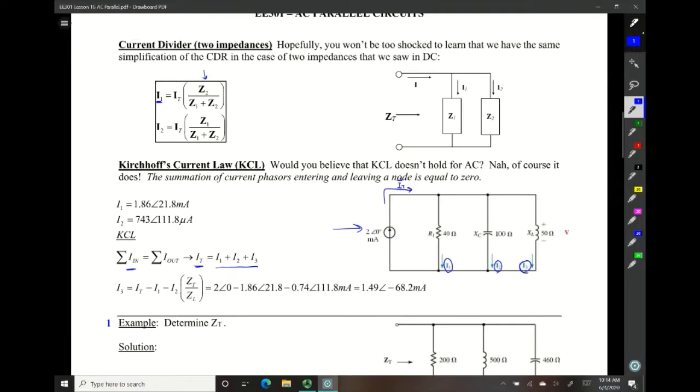So if we want to solve for any given value, we can rearrange this formula like so. So if we wanted to solve for I3, we can rearrange our quantities, and we can use our current divider as well to solve. And that will allow us to get the answer for I3.